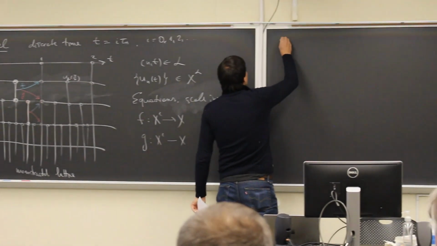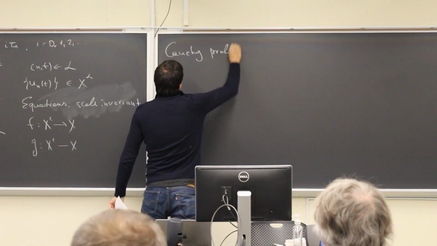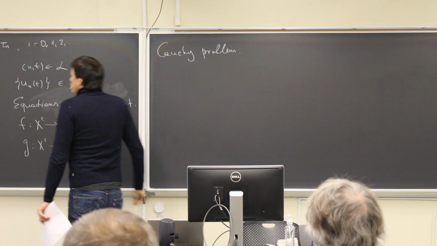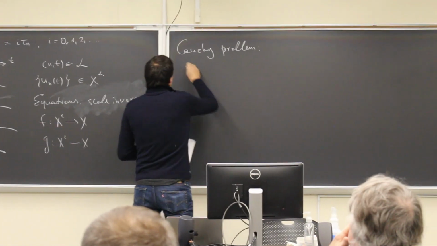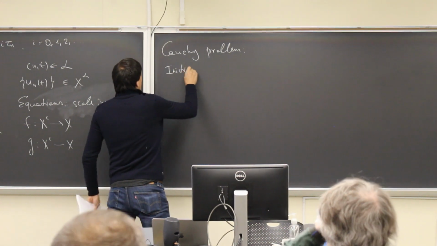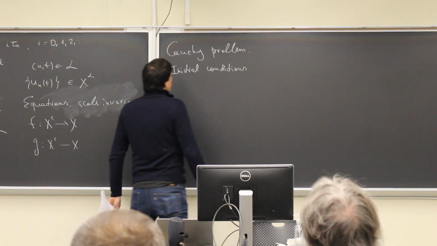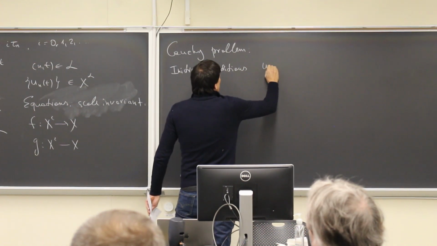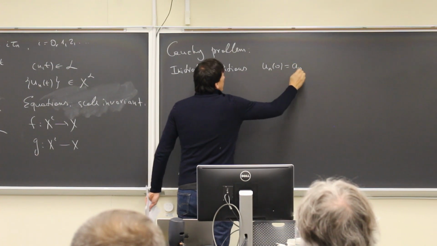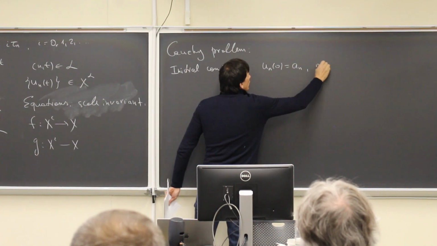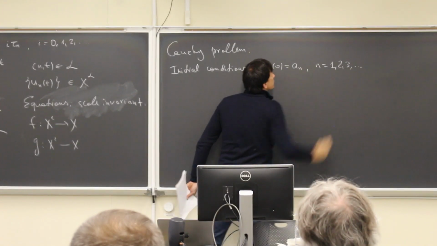our goal is to solve a Cauchy problem. So what does it mean? It means that we give an initial condition. Initial condition that u_n at 0 is a certain number a_n for n from 1, 2, 3, and so on.